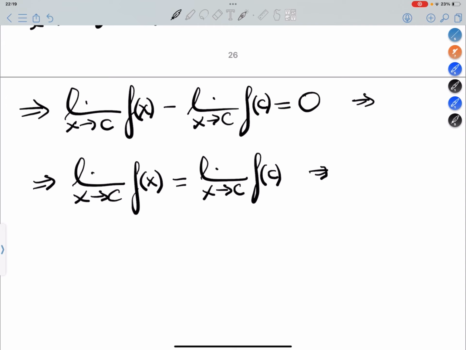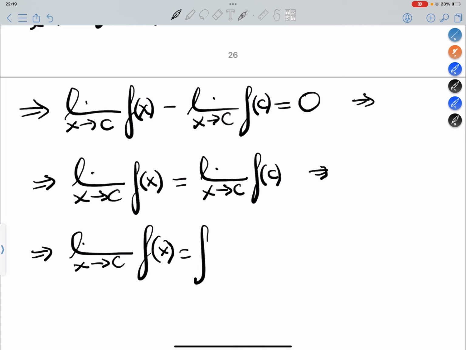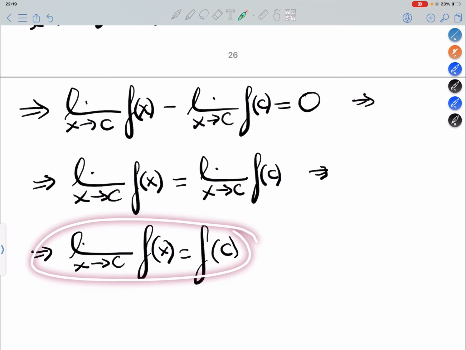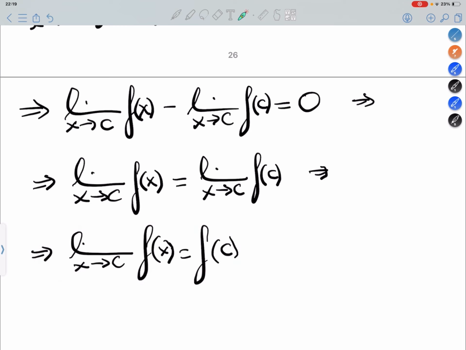So this implies that the limit as x tends to c of f of x is equal to f of c, and that is exactly the definition of continuity, right?